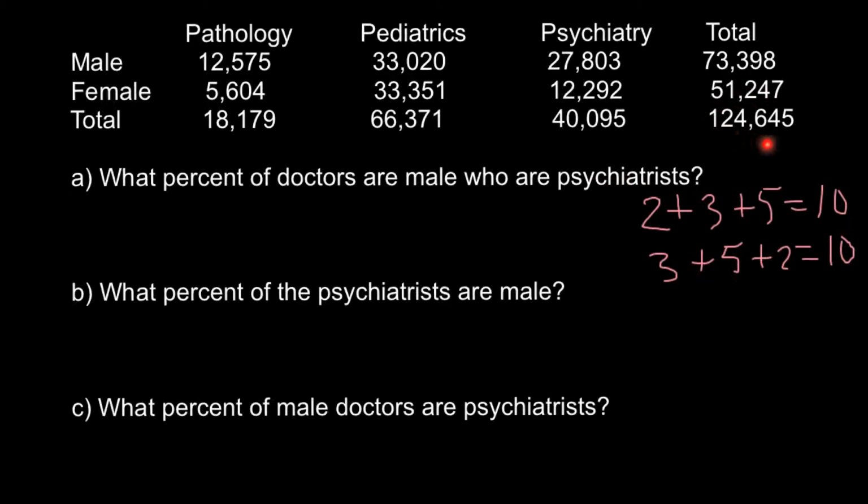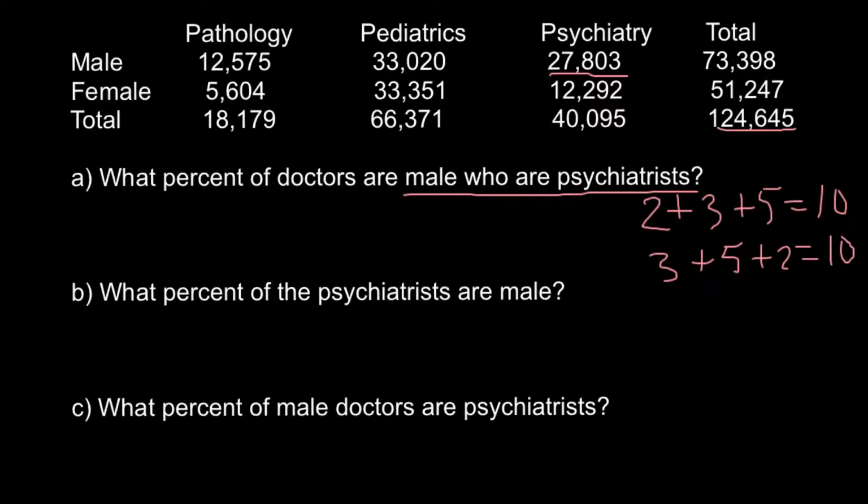We take this number, the total number of all doctors regardless of sex. Now we consider males who are psychiatrists. Here we have the psychiatry column, and this is the number of males who are at the same time psychiatrists. And this is the total number of doctors.